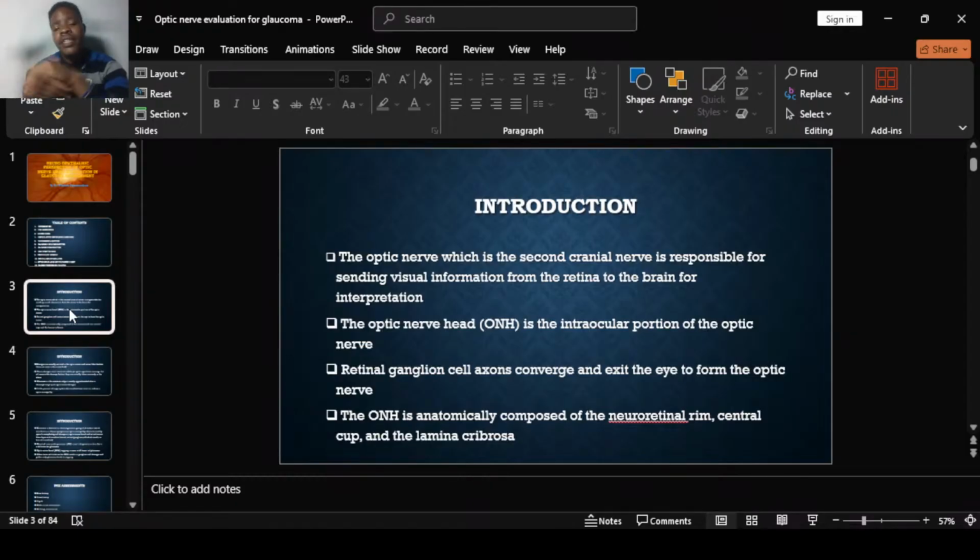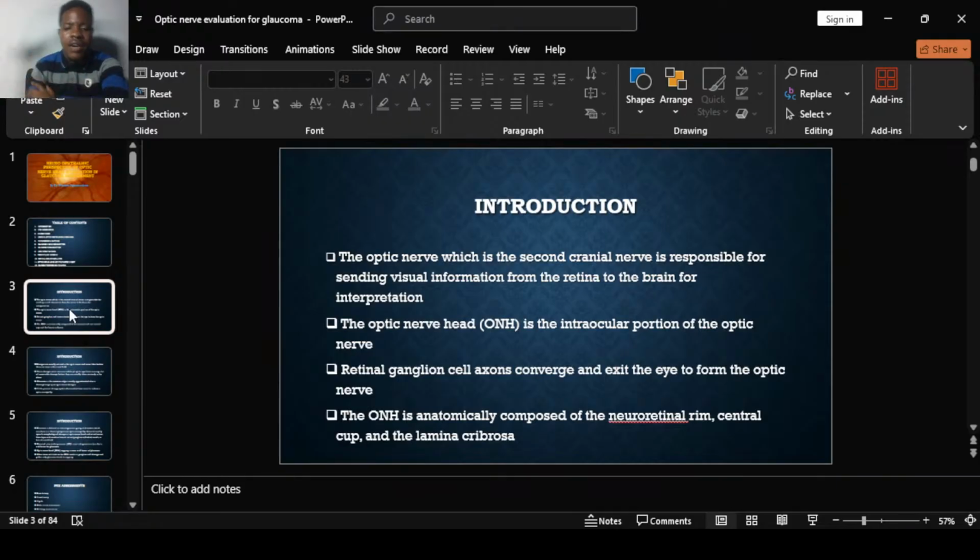The optic nerve head is the intraocular portion of the optic nerve. We have other portions such as the intraorbital, the intracanalicular, and so on and so forth. But for the sake of this study, we are looking at the intraocular portion, which is the optic nerve head.